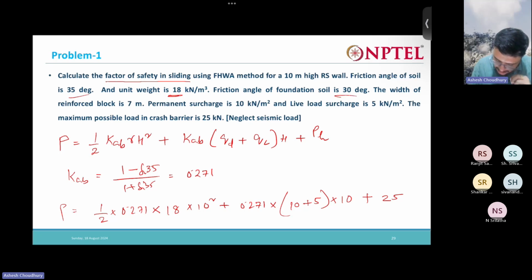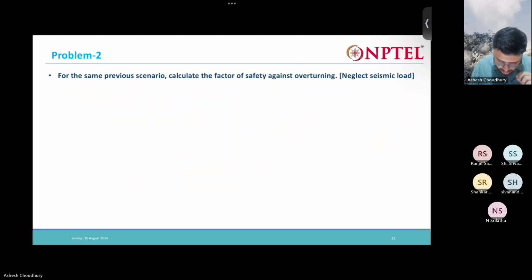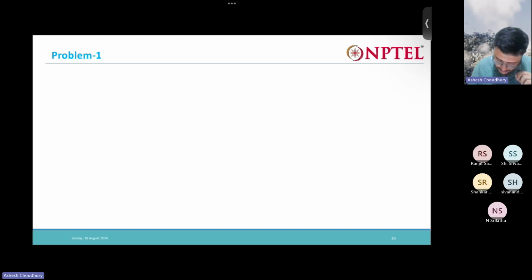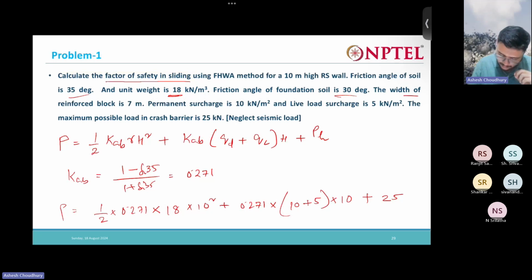Okay. See, the friction angle of soil is 35. Friction angle of foundation soil is 30 degrees. Other loads you know. One more thing, the width of reinforced block is also given, 7 meter. B also you know. All these things are given.